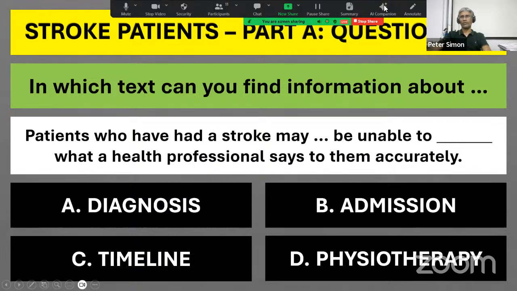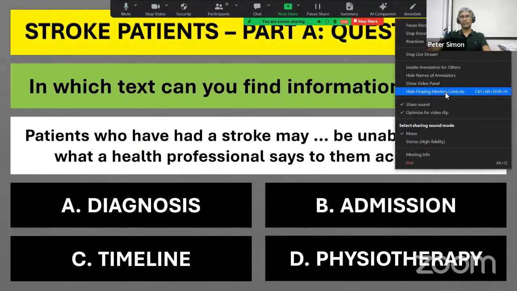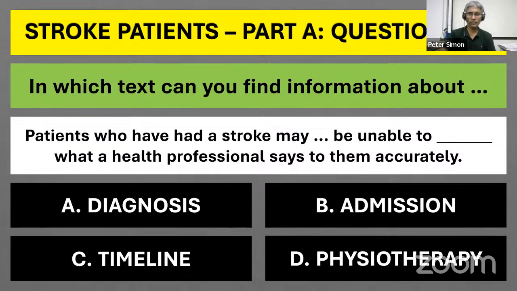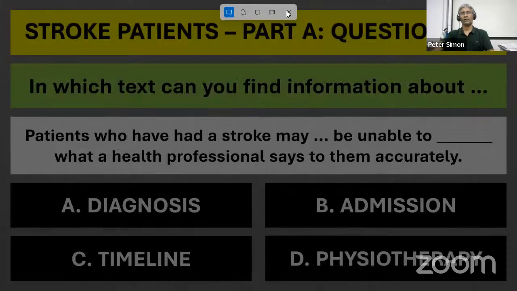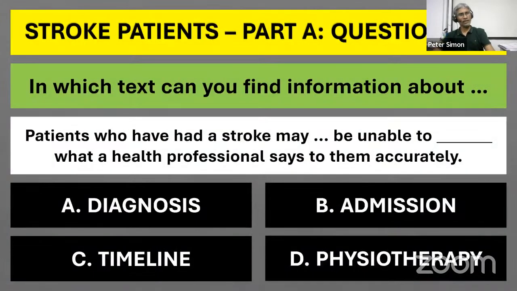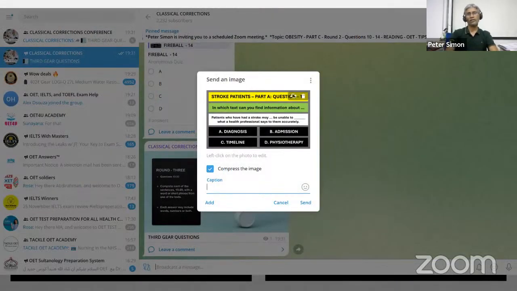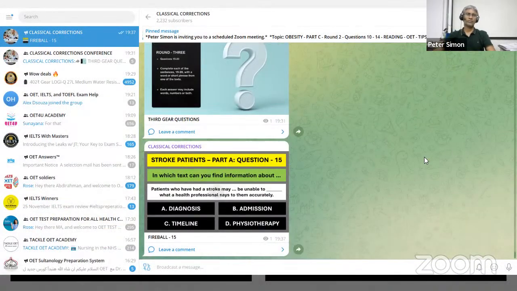This is question number 15. Now again here you have to ask yourself, which text will this go to?